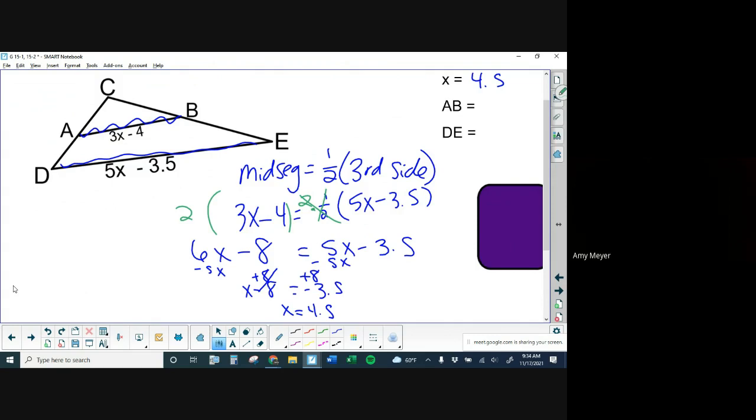All right, I got 4.5, so that's my first answer. That's x. How am I going to find AB? Here's AB. I know how big it is. So I'm going to plug in my x. Go ahead, use your calculator if you need. Plug in x. Then find DE by plugging in x. This one you would have to show, or even if you can do it without, I require you to show some work.